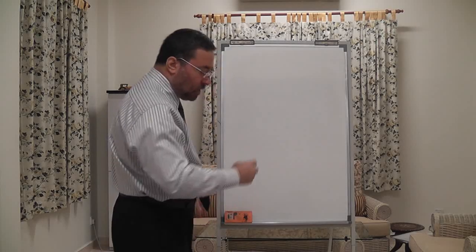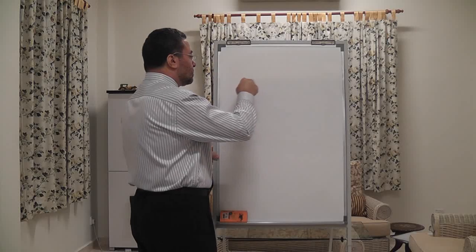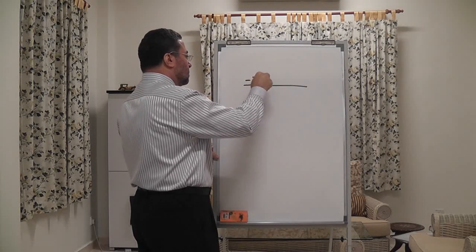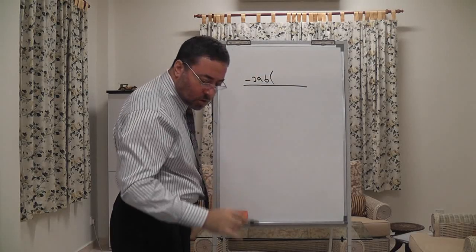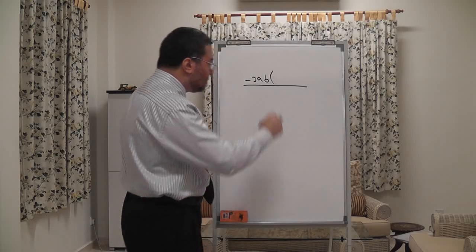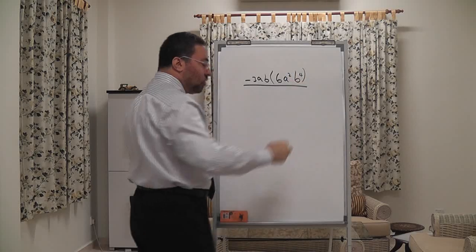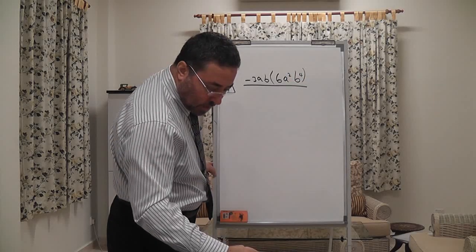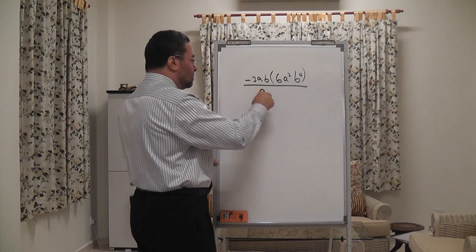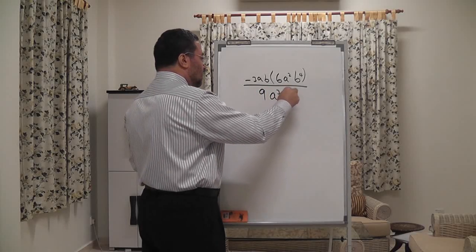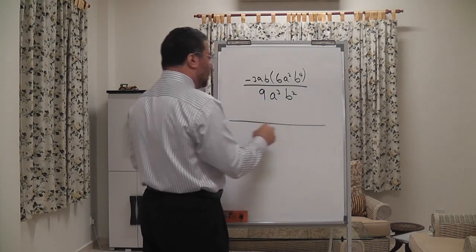Number 26, minus 3ab into 6a squared b to the 4 over 9a cubed b squared. Again, we do the multiplication.